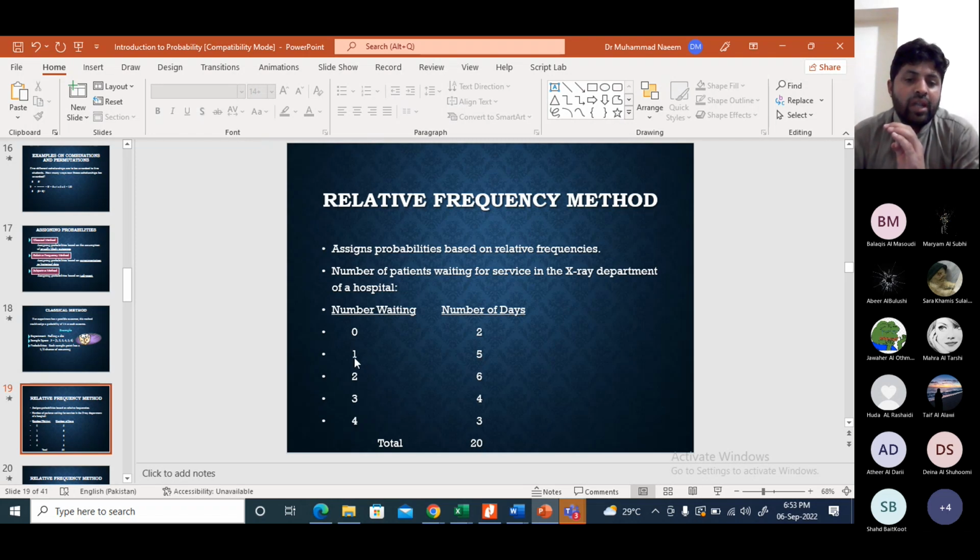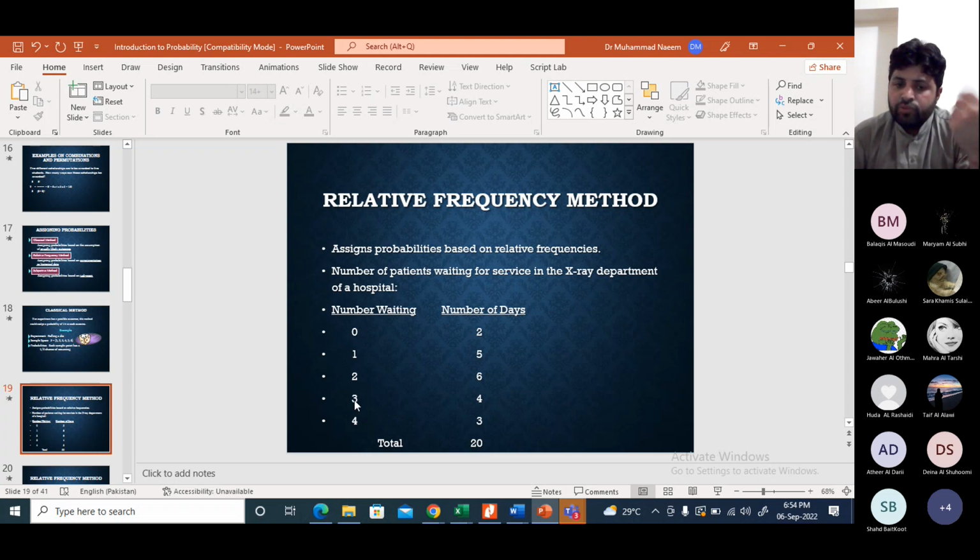For example, if you would like to calculate the probability that only one patient is waiting, the probability is 5 out of 20, because 5 corresponds to 1 and 20 is the total number of experimental outcomes.